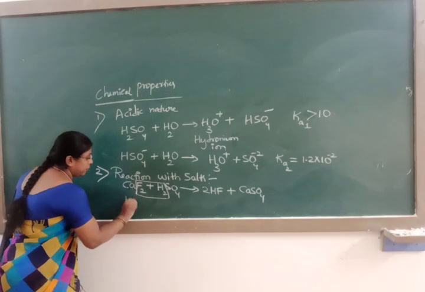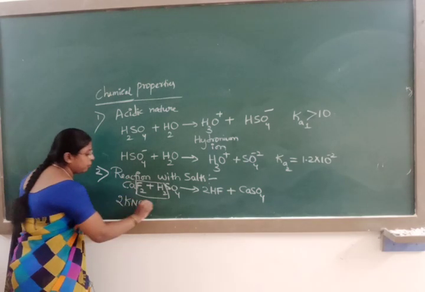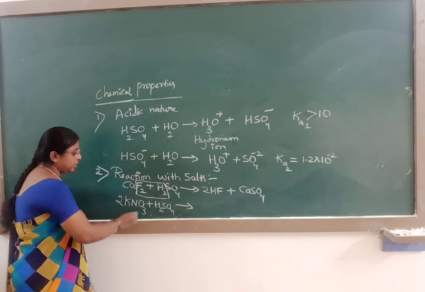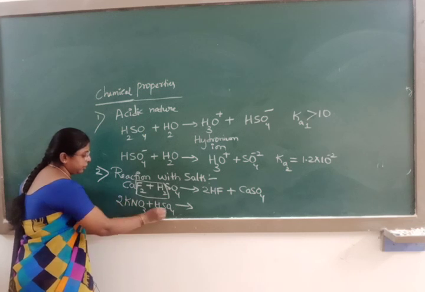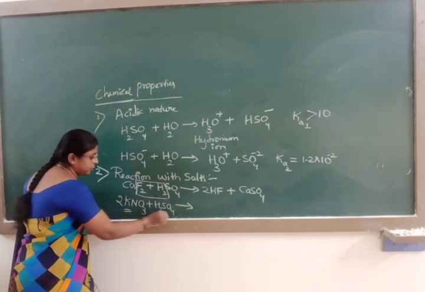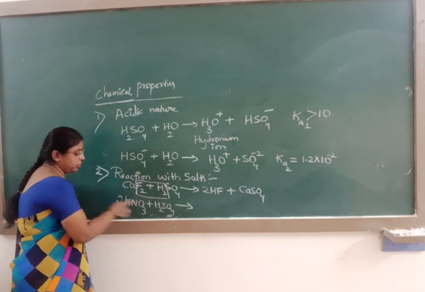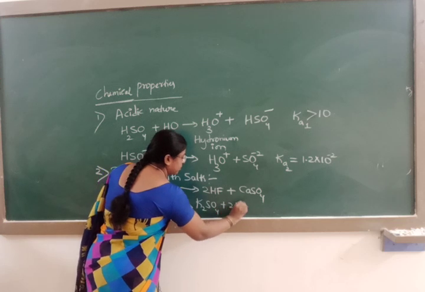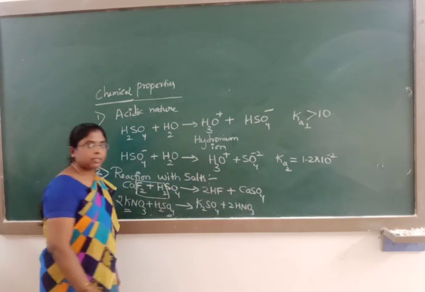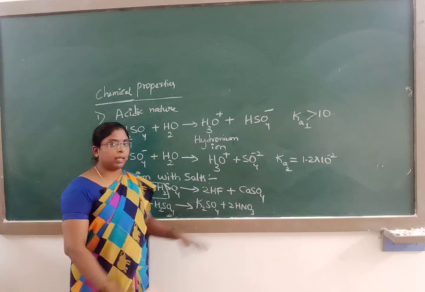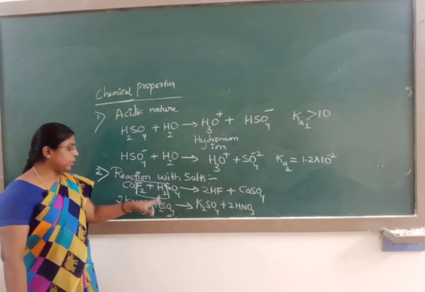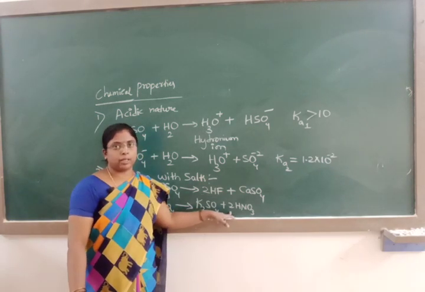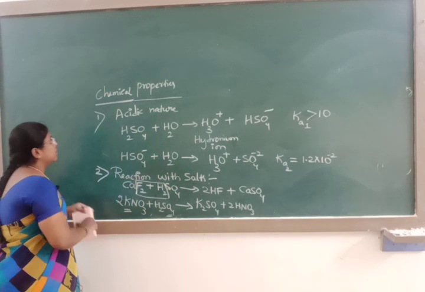If I take KNO3, potassium nitrate, when it reacts with sulfuric acid, we get K2SO4 and 2 moles of HNO3. HNO3 is nothing but nitric acid, which is also a highly volatile acid. Using low volatile concentrated sulfuric acid, we can prepare highly volatile acids.